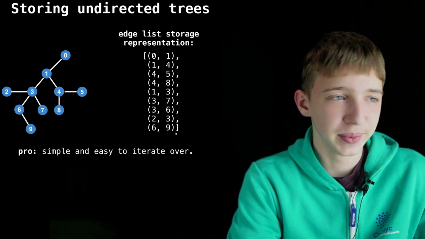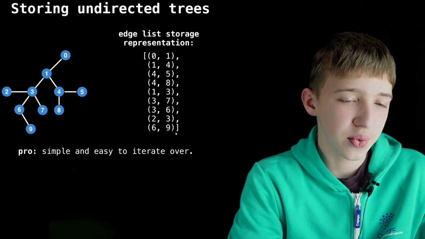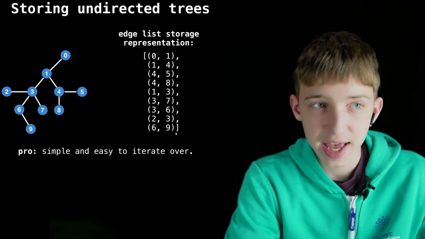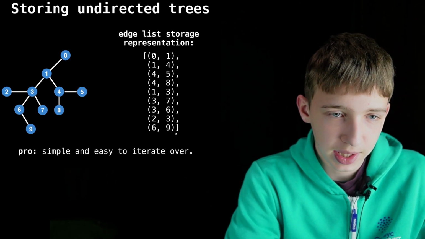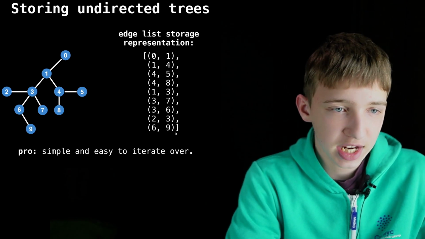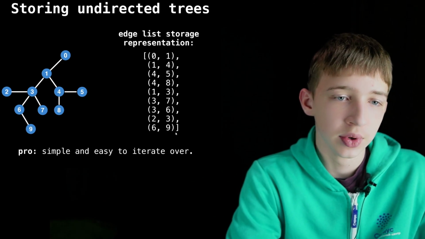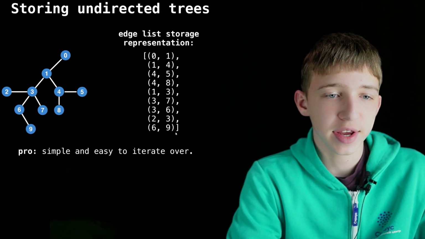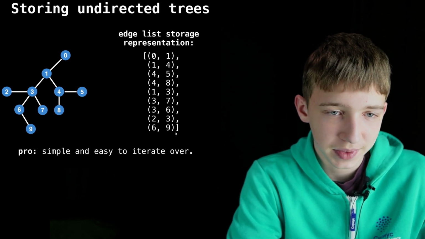So let's consider all of these three ways, and let's look at which is better to use while working with trees and while working on different problems with trees. So let's look at the advantages of using an edge list as the storage representation of undirected trees. It just indicates the two nodes, and each pair contains an edge between the two nodes.